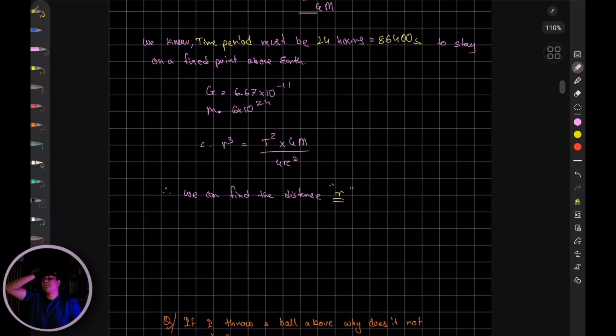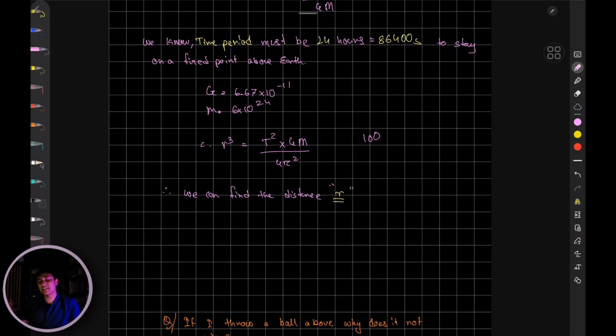Okay, anyways. So in this case, we were using the satellite as an example, which has a 24-hour time period. Now, in other cases, you might be asked to find the separation needed given any time period. Let's say the time period for that is 100 hours. So in that case, you will be asked to find the separation.